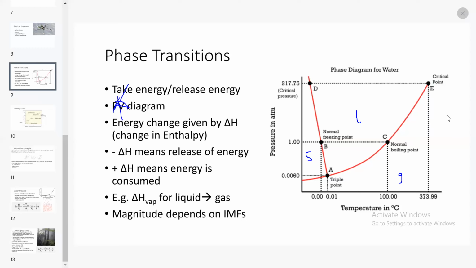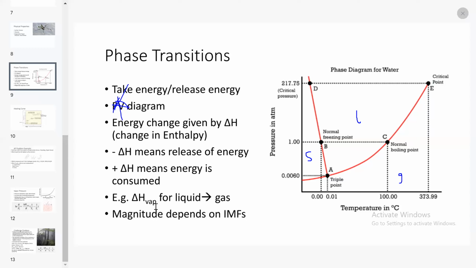So this means that we have a positive value of delta H. For the liquid to gas transition, we call it vaporization, so the more exact symbol would be delta H of vaporization. This is usually some positive value.